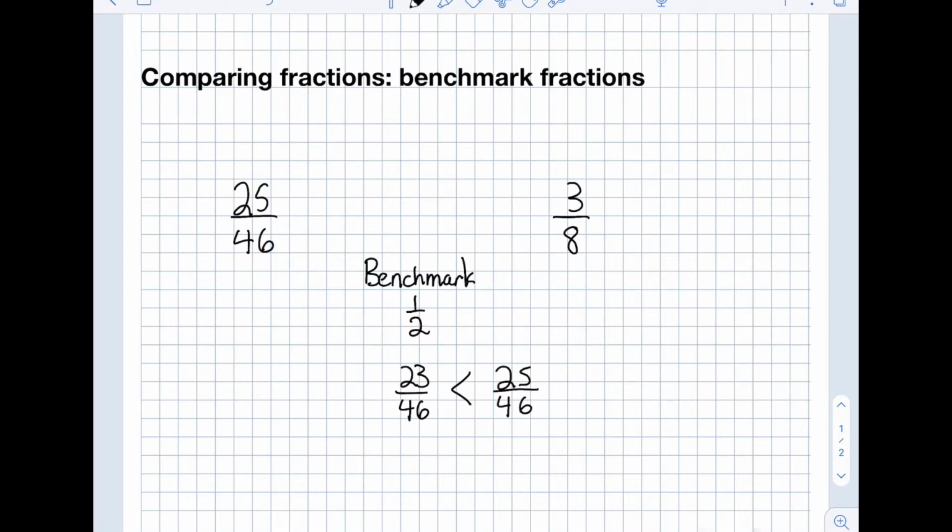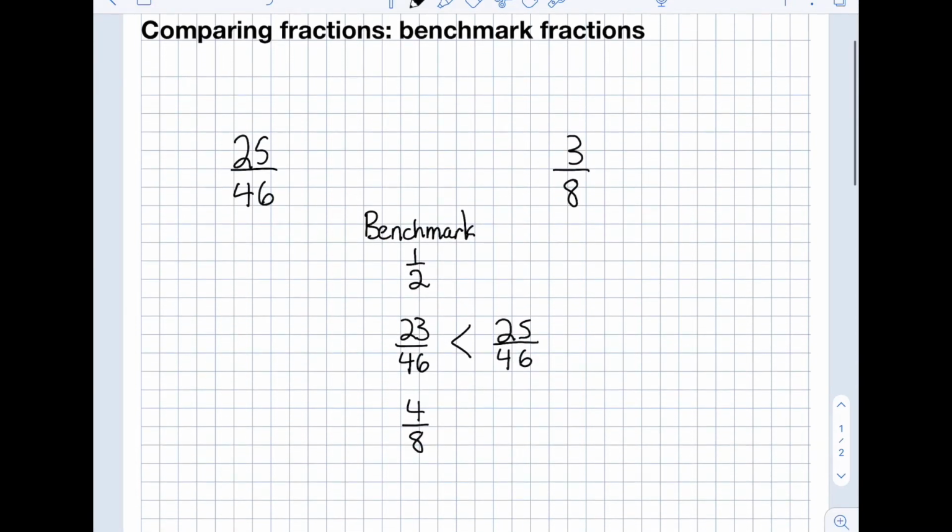Now I'm going to come to my second fraction, 3/8. Well, I'm going to take my benchmark and write an equivalent fraction that has 8 as a denominator. So I know that 1/2 is equivalent to 4/8. Now I can compare 4/8 to 3/8. And I can see that 3/8 will be less than 4/8.